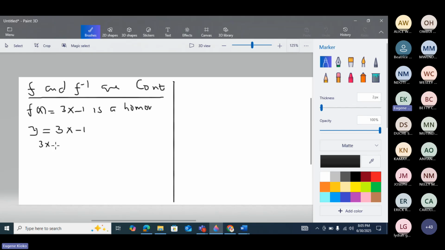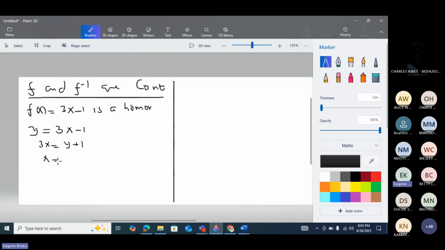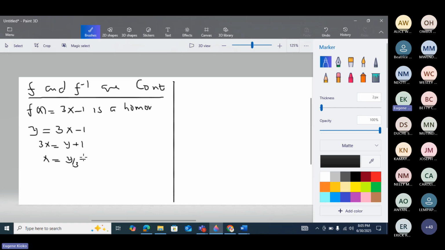So that means 3x is y plus 1. Then dividing by 3, x is y over 3 plus 1 over 3. From there, you interchange x and y. Where there is x, put y; where there is y, put x. So it will be x over 3 plus a third.